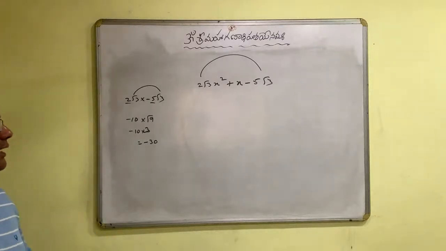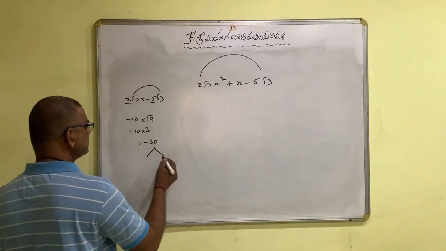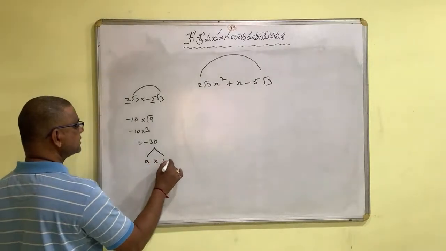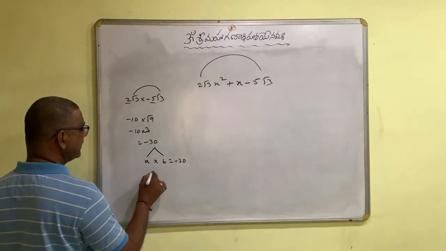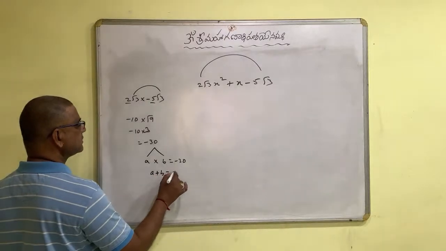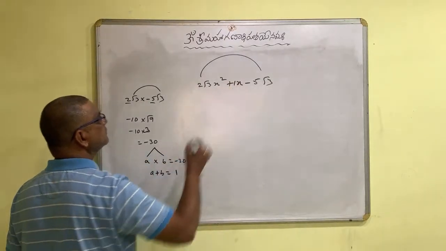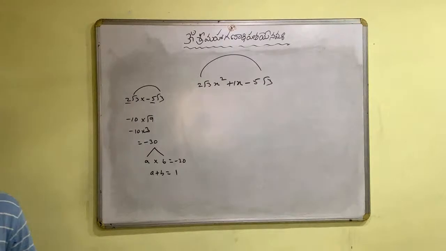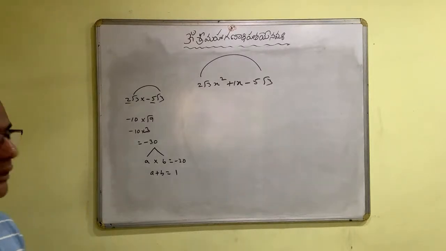So we need to search for two numbers whose product is negative 30 and sum is 1, because here the middle term we have is 1.